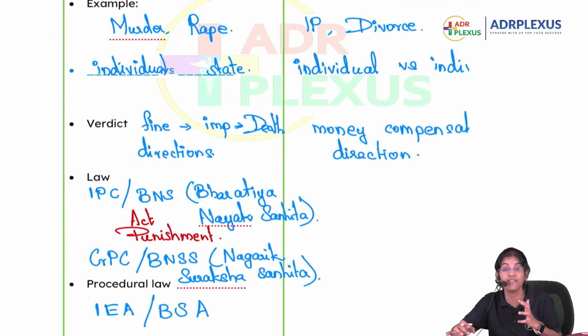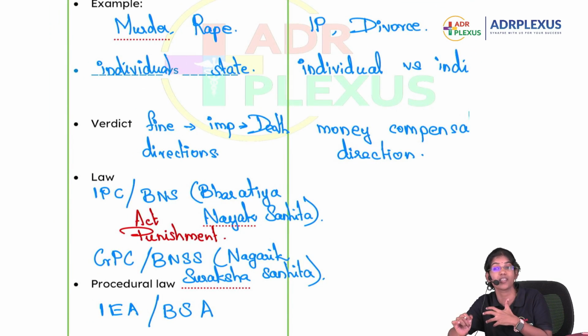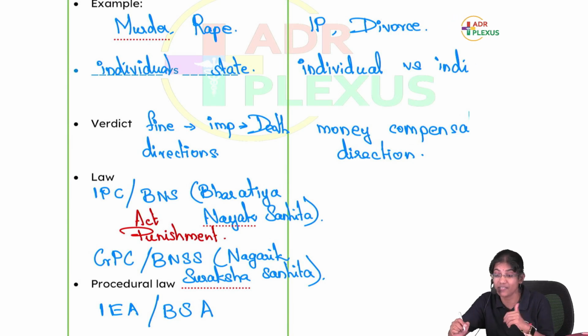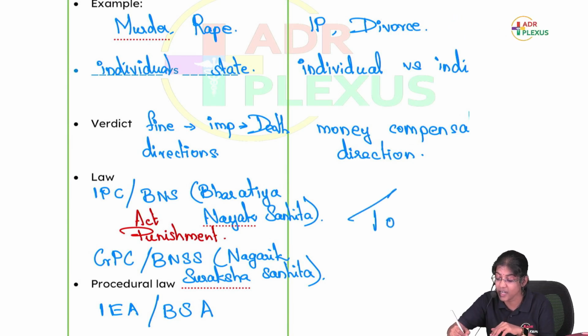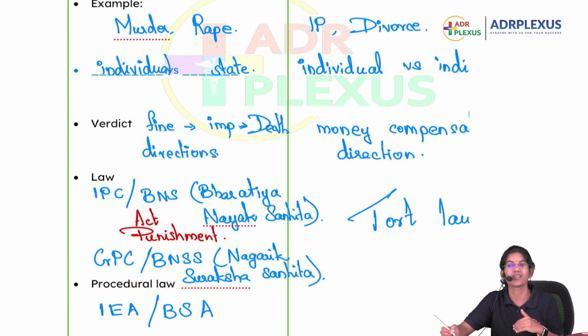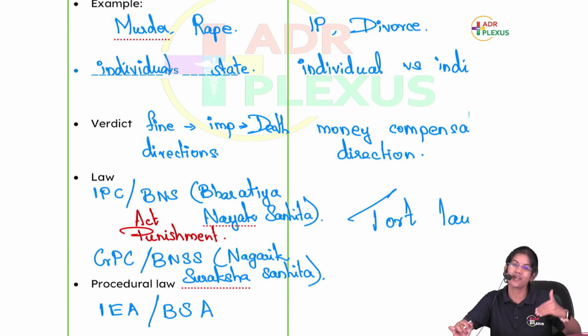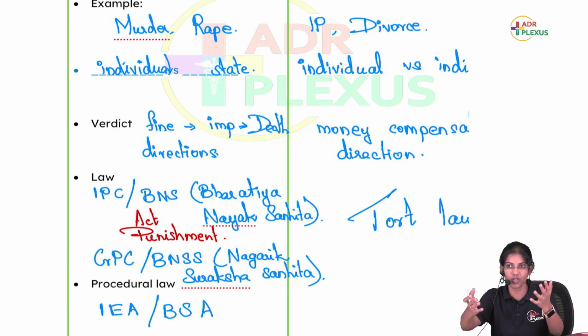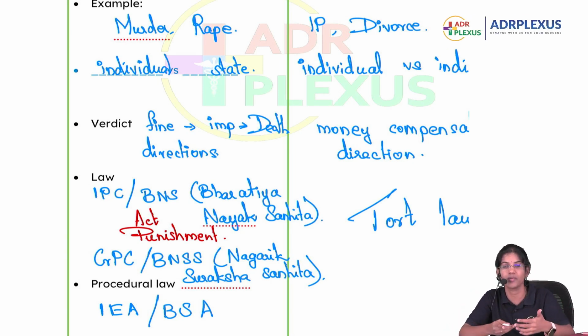Now, what about the civil offences? In civil offences, there are mainly tort laws. Tort laws means previously we have dealt with a case like this, hence this time also we will give a case like this. Since you are all preparing for NEET, you would already know it.